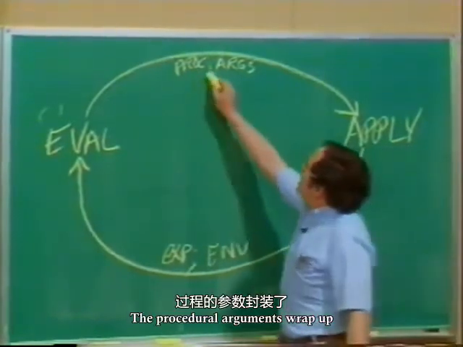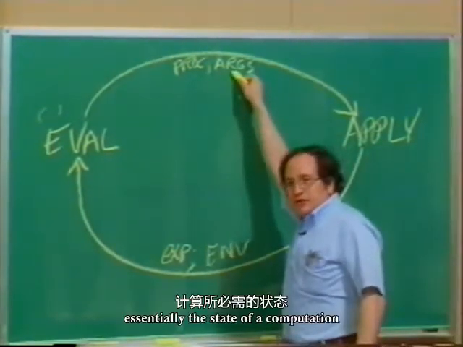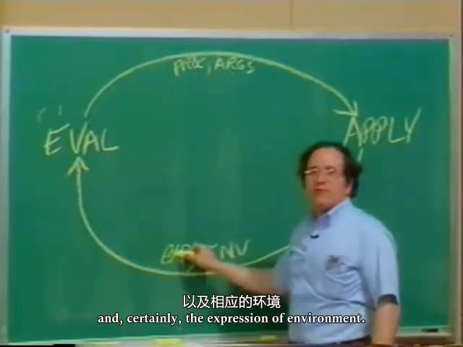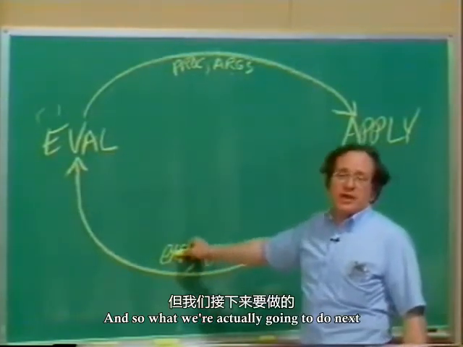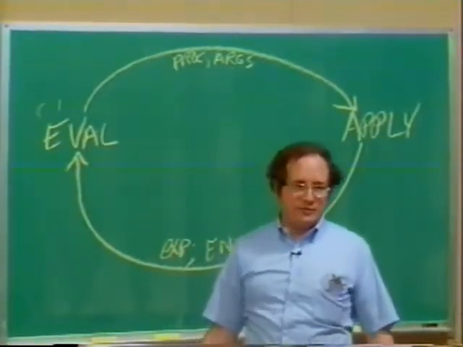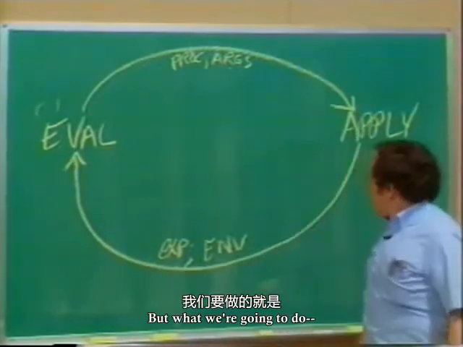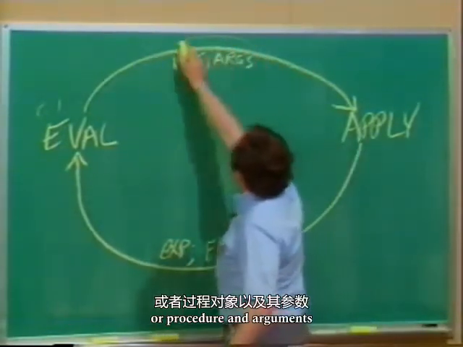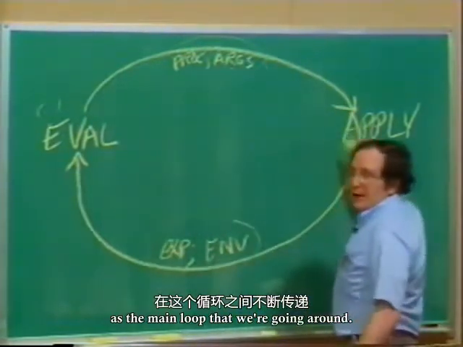The procedure and arguments wrap up the state, essentially the state of a computation. And similarly, the expression and environment. It's what we're actually going to do next. It's not the complete state, because it doesn't say who wants the answers. But it's always got something like an expression and environment or a procedure and arguments. That's the main loop that we're going around.